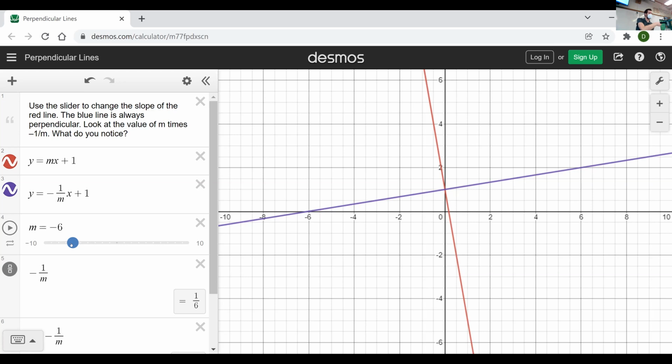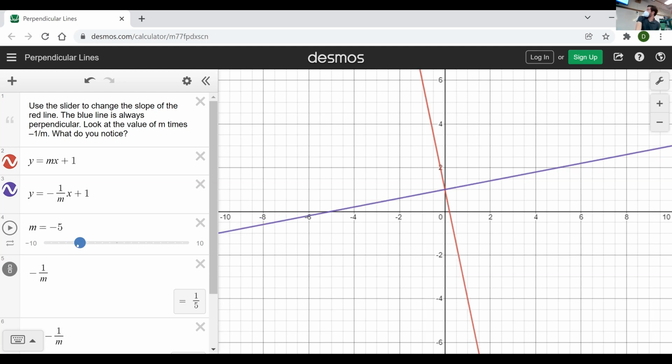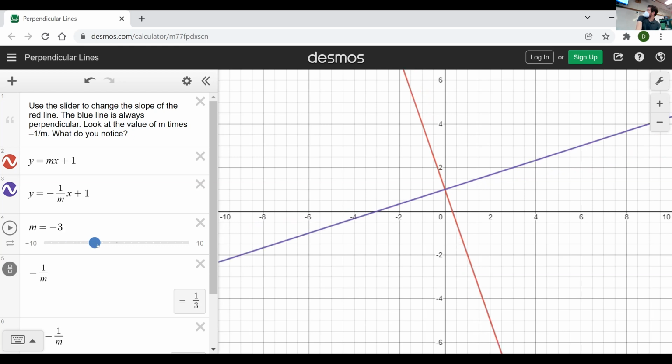And we're actually going to use the word opposite, and we're going to use a specific word about those fractions as well when we write our definition. But I want everybody to notice that whenever we were dealing with perpendicular lines, one was a positive number, one was a negative number. Again, watch this. The red one is negative, the purple one is positive.